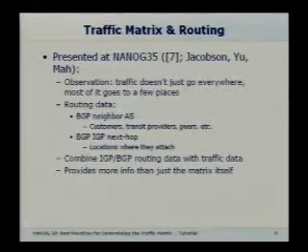I want to say a few things about a presentation which was a few NANOGs ago by Van Jacobson, Hauber Yu, and Bruce Ma about, I think it was called route flow fusion, where they made a case for actually not just looking at the traffic, but combining the traffic data, so the traffic matrix, together with routing information.